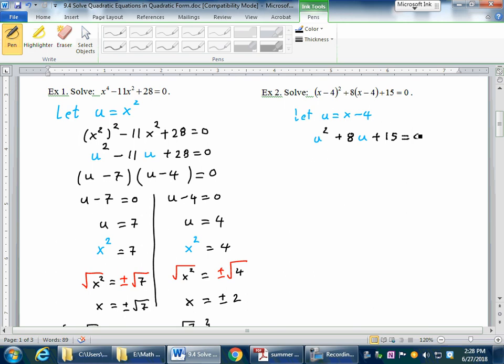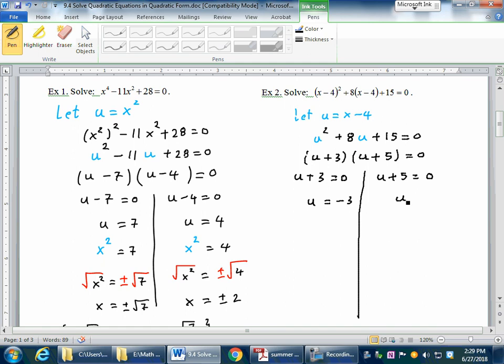So now, factor it out. If this is factorable, it will be u plus 3 and then u plus 5. And using the zero factor property, u plus 3 equal to 0, and then u plus 5 equal to 0. So therefore, u is equal to negative 3, u is equal to negative 5.